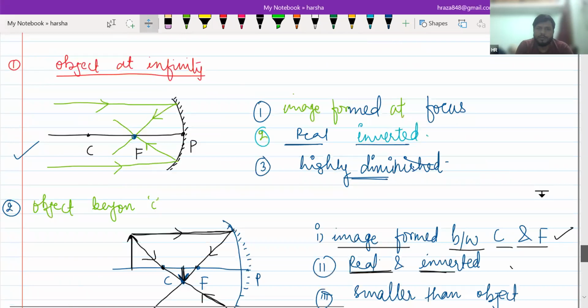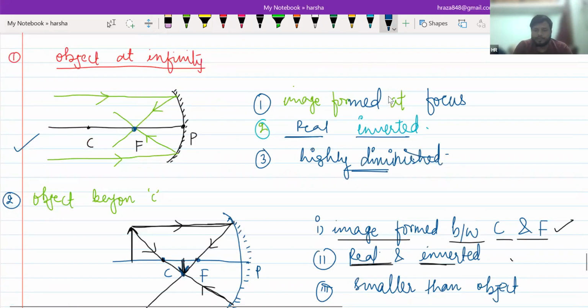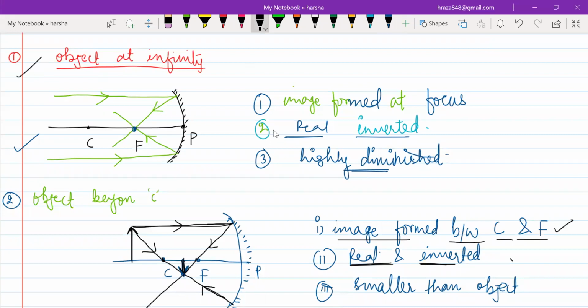So basically, we were studying the formation of images by a concave mirror, in which we have completed two parts. Object at infinity: the image is formed at focus, real and inverted, highly diminished, that means very, very small.